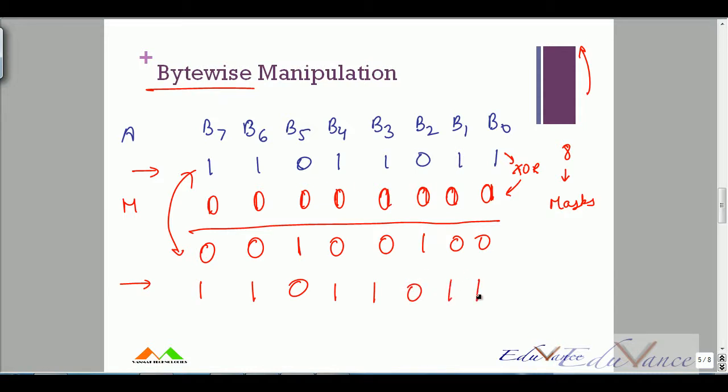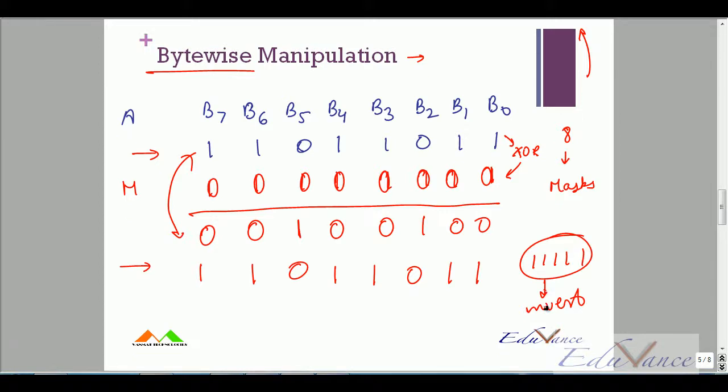So I did nothing, but just for you to understand: if I want to invert my byte or any length, I just XOR with a string of all ones, and that should be fine to invert my data. Why would we do this? Because in real time during programming, if you would like to invert or manipulate your data, you would use these logical operations.